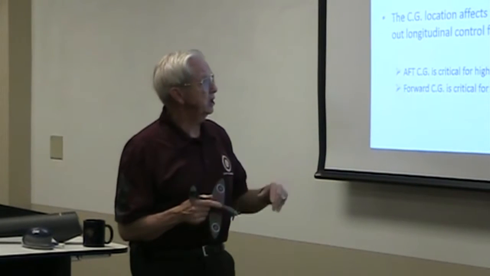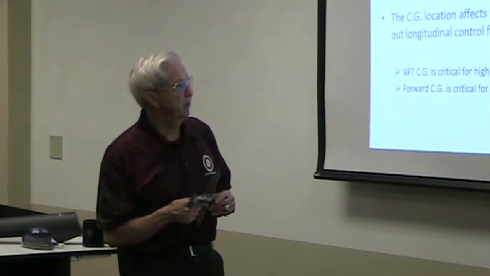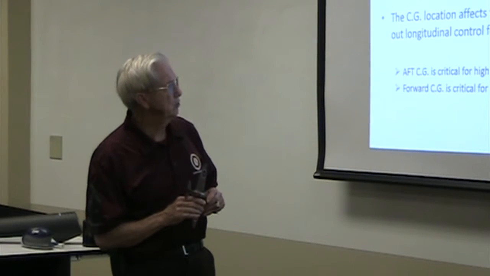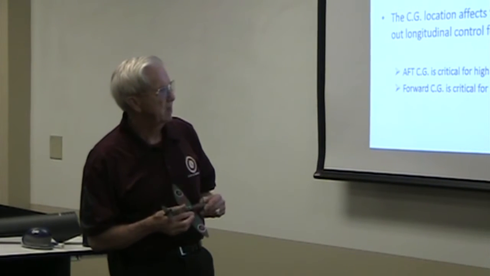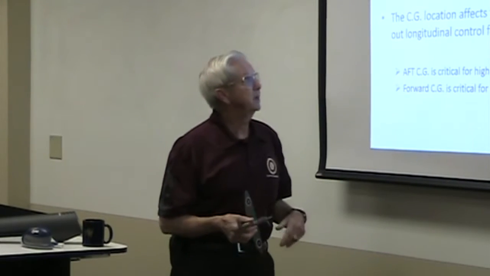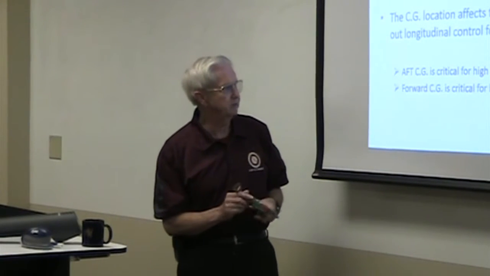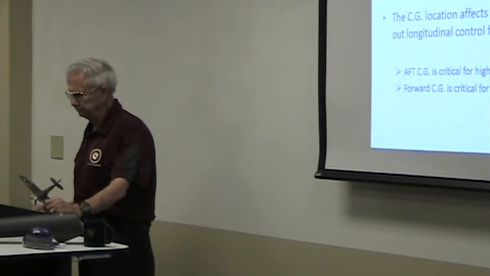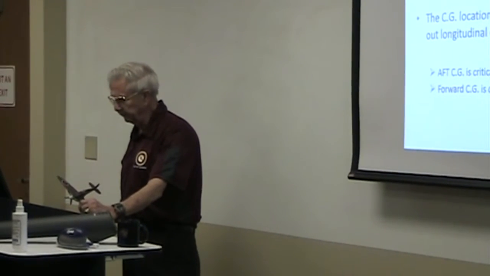And of course, the CG location is going to affect the ability of the trimming device to trim out longitudinal control forces. And we said that the aft CG was critical for high-speed trim. The forward CG is critical for low speed and large flap deflections.